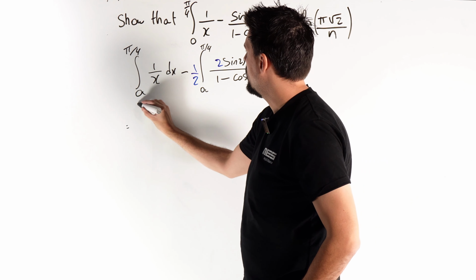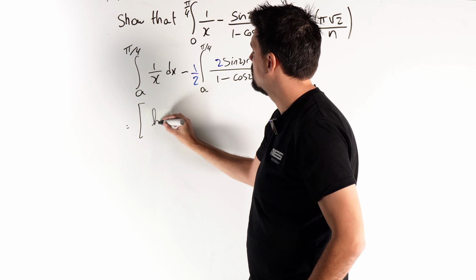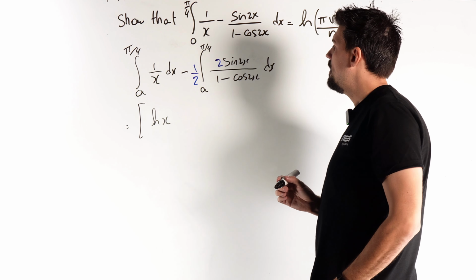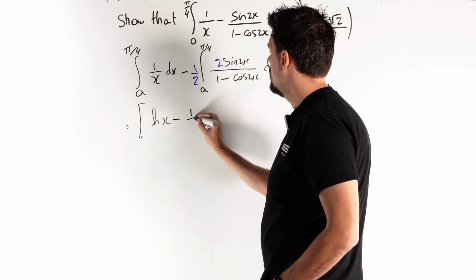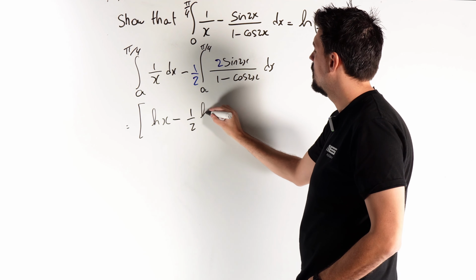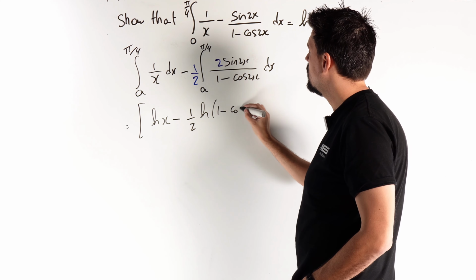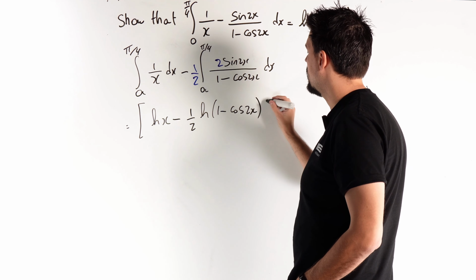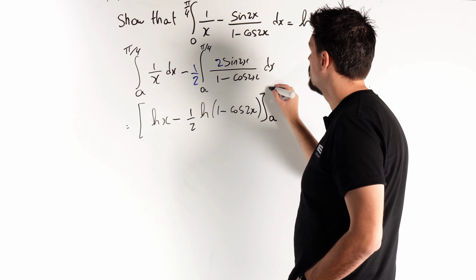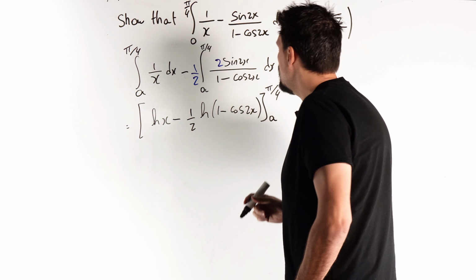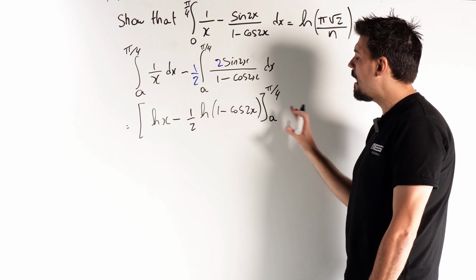So overall, what do we end up with? We end up with ln x minus 1/2 ln of 1 minus cos 2x. Now, we haven't done the limits yet.